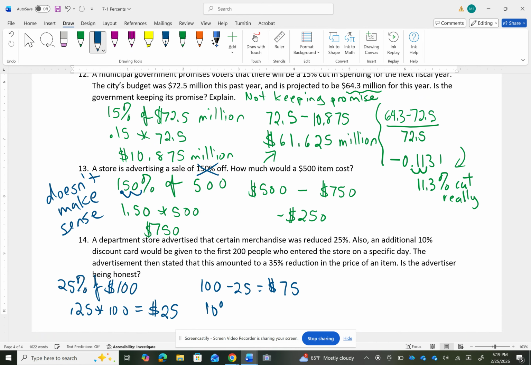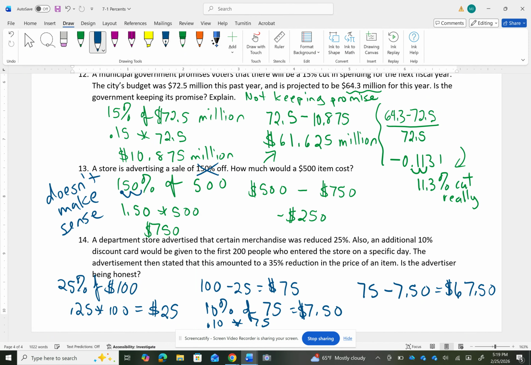So if I do 10% of that 75, which would be 0.10 times the 75, okay, that would wind up being $7.50. So that means, in addition, I could subtract 7.50 from that, and the 75 minus the 7.50 would mean the item would cost me $67.50.